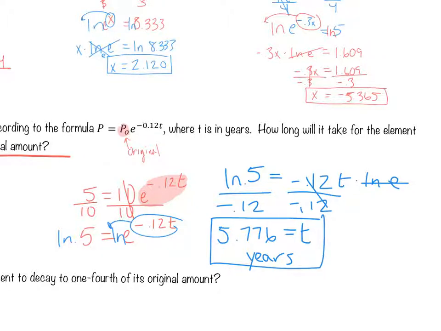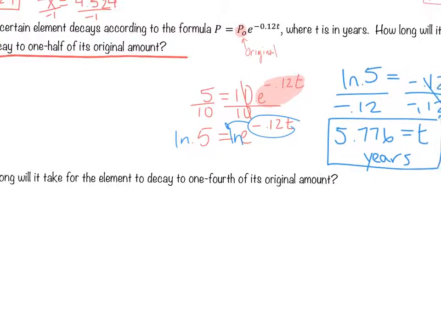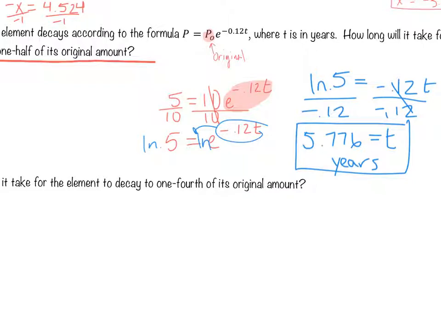The next part simply asks, how long will it take for the element to decay to 1/4 of its original amount? If you already understood this whole thing, whether you start with 10 and end up with 5 because it's half, or 100 and this is 50, or 20 and this is 10, it's always going to end up as 0.5 because it asked for half of its original amount.